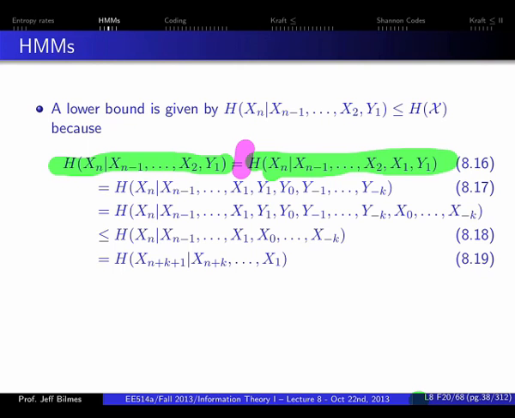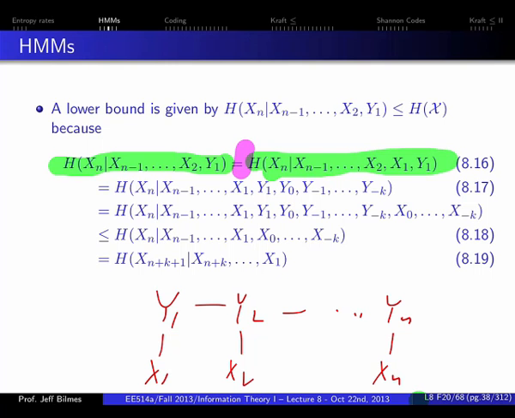So I'll draw that little piece of the graph. We've got y1, x1, y2, x2, and so on, and we've got yn, xn.